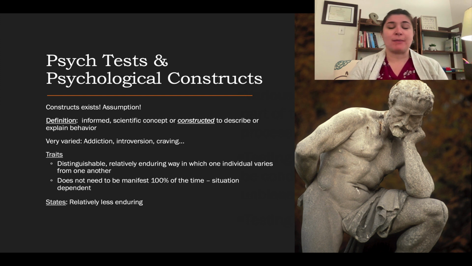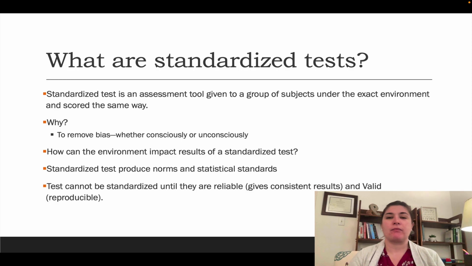There can be constructs about craving or motivation. Traits are distinguishable, relatively enduring ways in which one individual varies from another. They do not necessarily manifest 100% of the time and sometimes can be situationally dependent. States are relatively less enduring and tend to happen regardless of the situation.